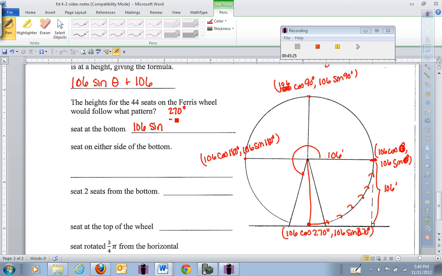Yes. Could we put negative 90 degrees in there? Yes. Could we put 3/2 pi if we did radians? Yes. Could we put negative pi over 2 if we wanted to go radians going this way? And the answer to that is yes. So it could be any of those four measures plus 106, right?